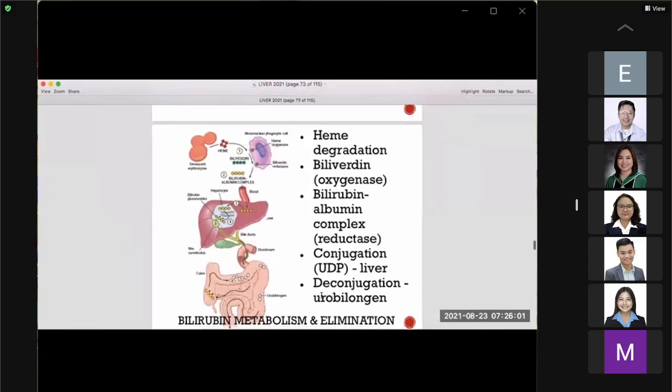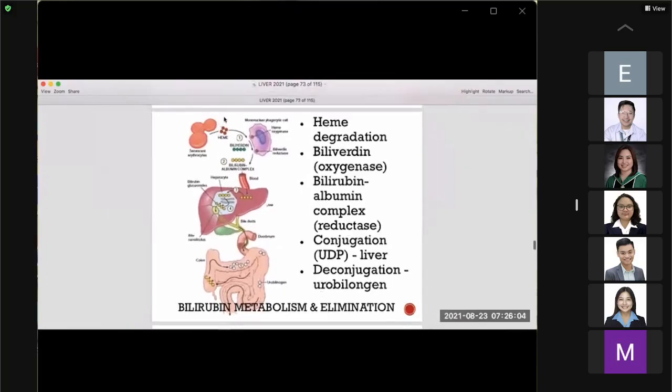So we have here, of course, the heme degradation, okay, and then there is involvement of the enzyme oxygenase, okay, and then we also have presence of this complex, bilirubin albumin complex, with the help of reductase. Okay, conjugation happens in the liver, and the conjugation leads to the production of urobilinogen.